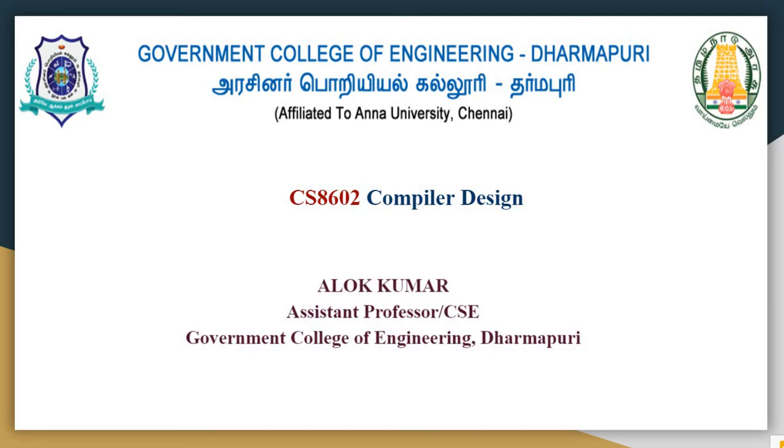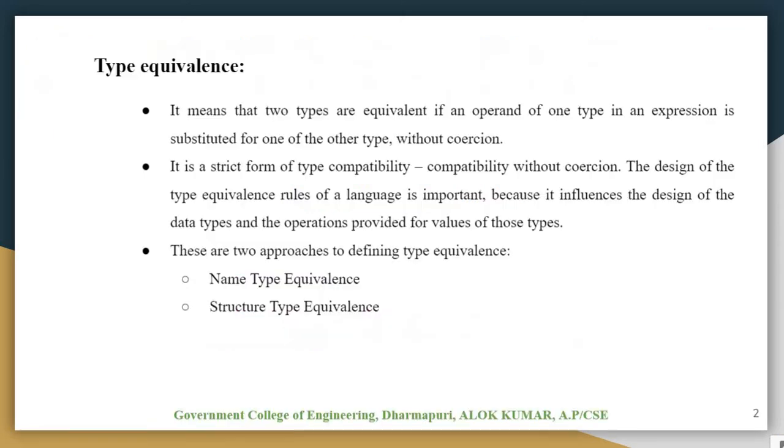So in this lecture of third unit, we will see type equivalence and SDD for type declaration. So here we will see type equivalence. It means that two types are equivalent if an operand of one type in an expression is substituted for one of the other type without coercion.